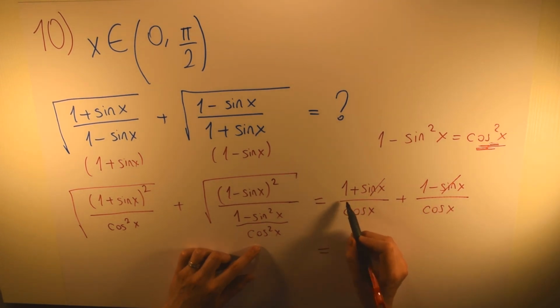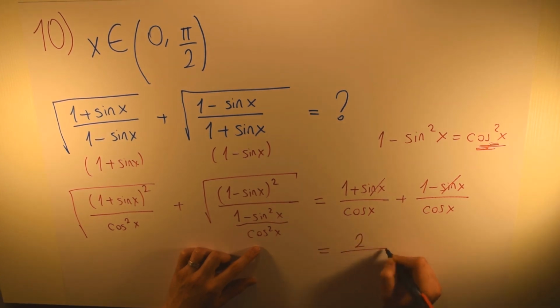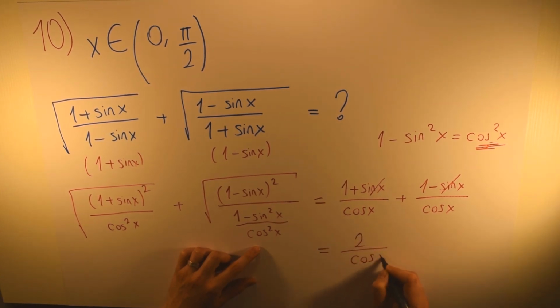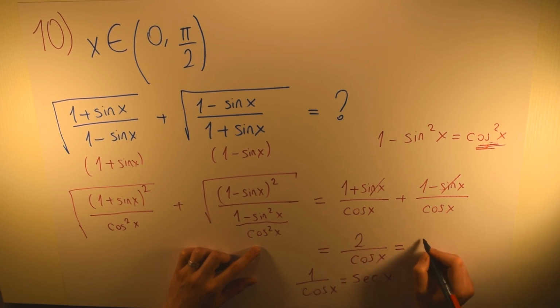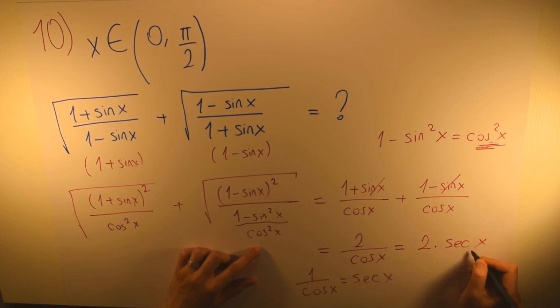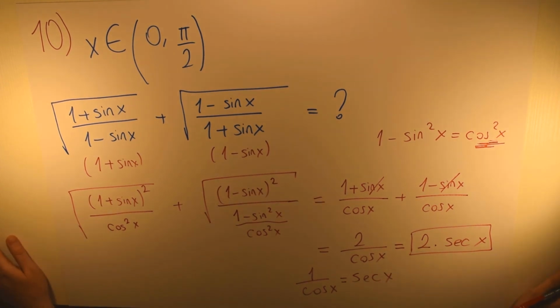So on the numerator we have 2 over cosine x. We know that 1 over cosine x is equal to secant x. So instead of 2 over cosine x, I can write this as 2 times secant x. So this is the answer for our last question.